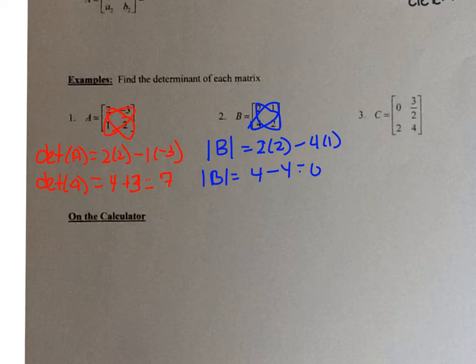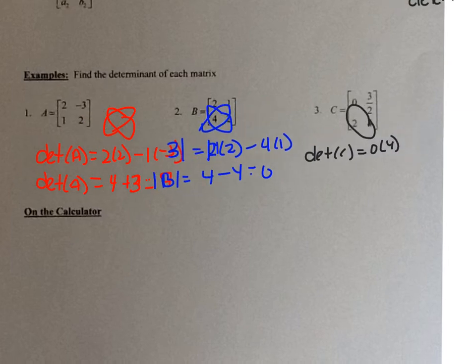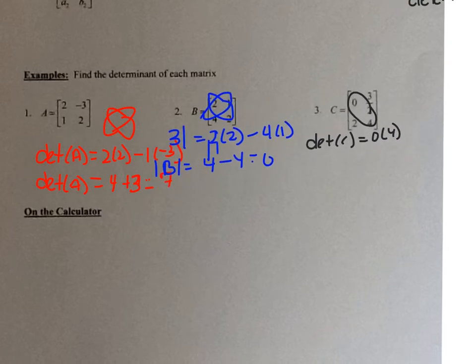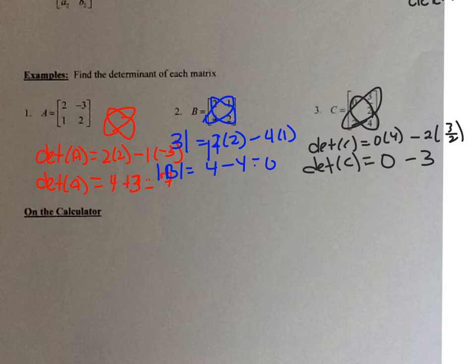And the last one, determinant for matrix C is going to be 0 times 4 minus 2 times 3/2. So the determinant for matrix C is equal to 0 minus 3, which is equal to negative 3.